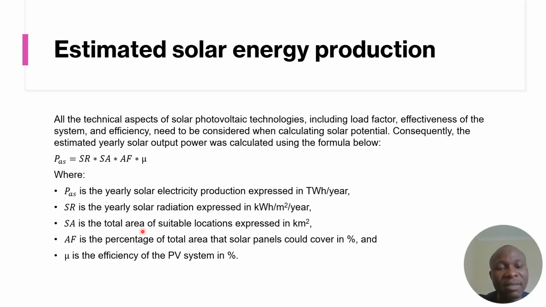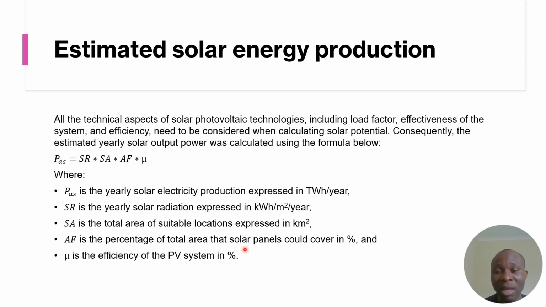The SA is the total area of suitable location expressed in kilometer square. And then we move to AF. The AF is the percentage of total area that solar panel could cover.